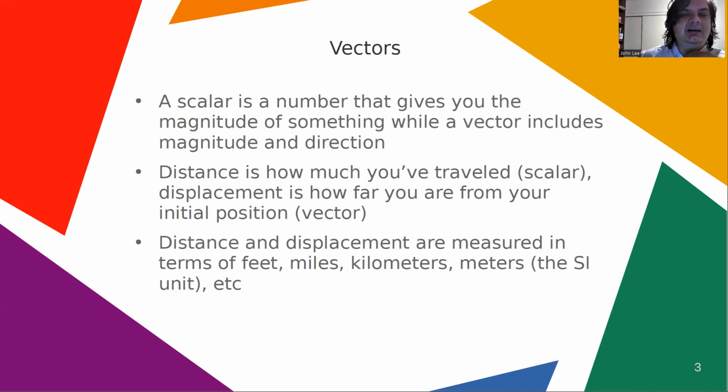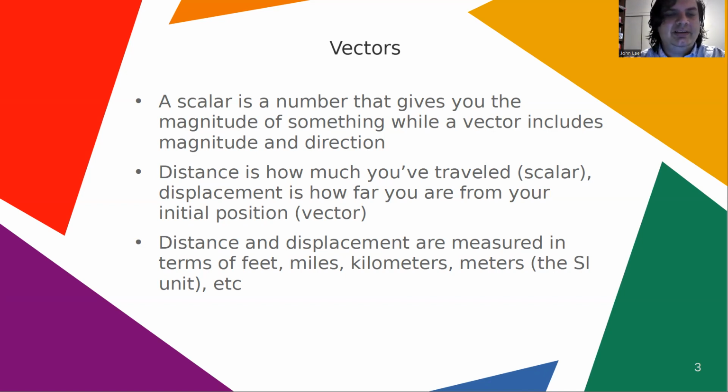So displacement would be something like, from the Menifee campus, you are about, say, 100 miles southeast of Los Angeles. And then that gives you both the distance and the direction of what you're talking about.